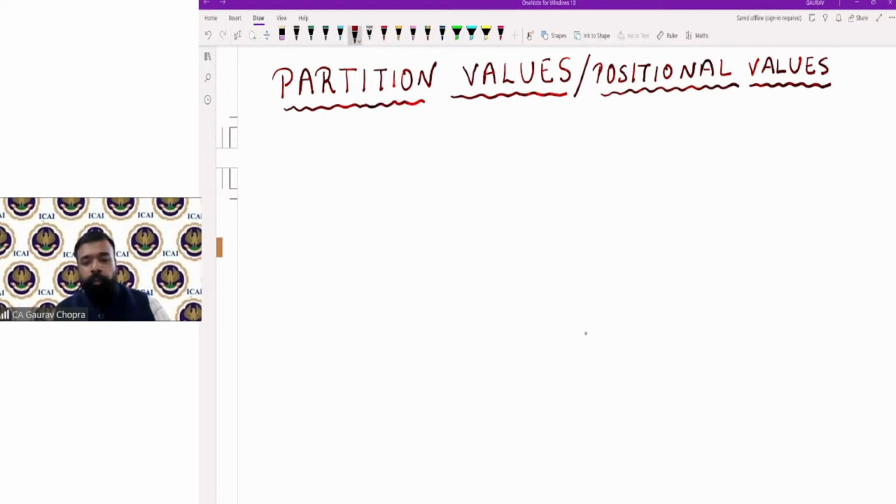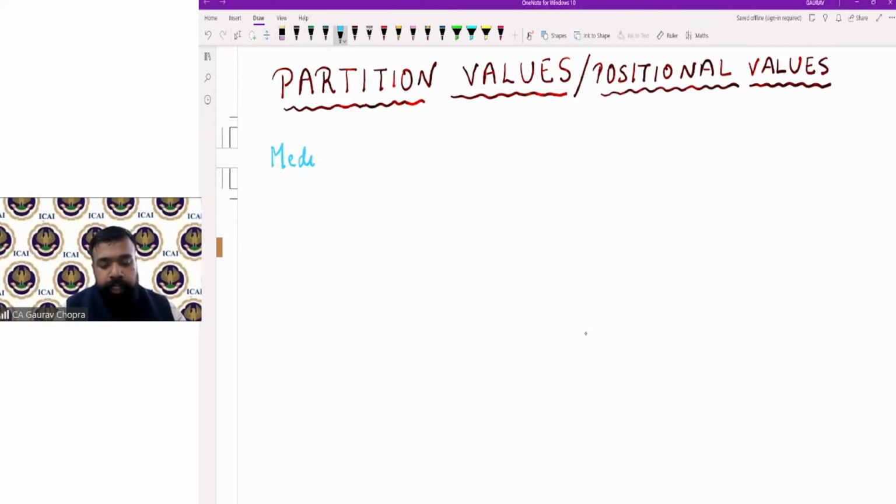So let's continue with our chapter Measures of Central Tendency. In today's class, the first topic is partition values, also known as positional values. These are all the things that depend on rank, on position. So the first thing is median, which we had discussed.